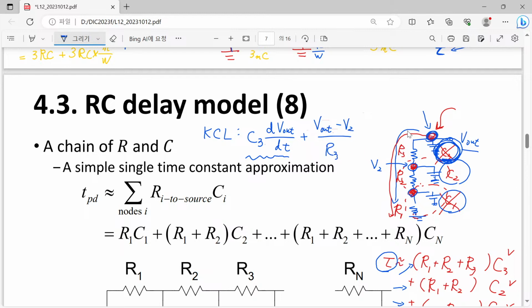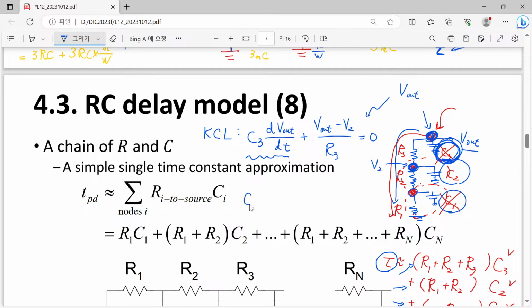This is the branch current flowing from the output node to our V2 node, and the sum should be 0. That is for our V out node. Let me repeat once again for the V2 node.